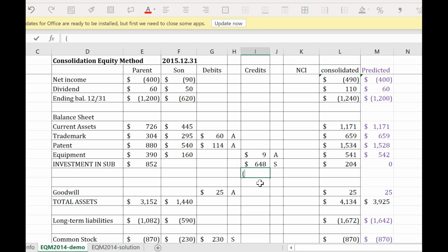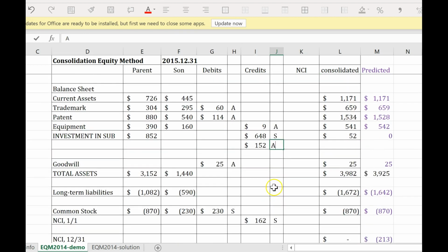So my investment account would be these couple things. Add it up and multiply by 80%. I'm going to copy this. That's the A entry to my investment account.